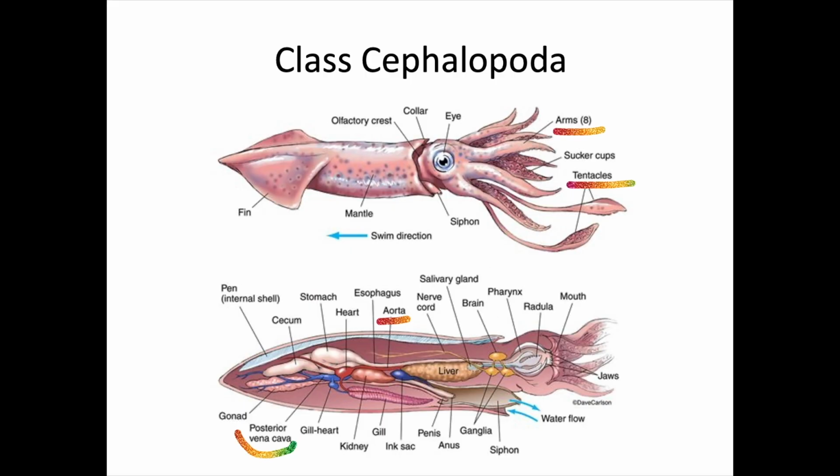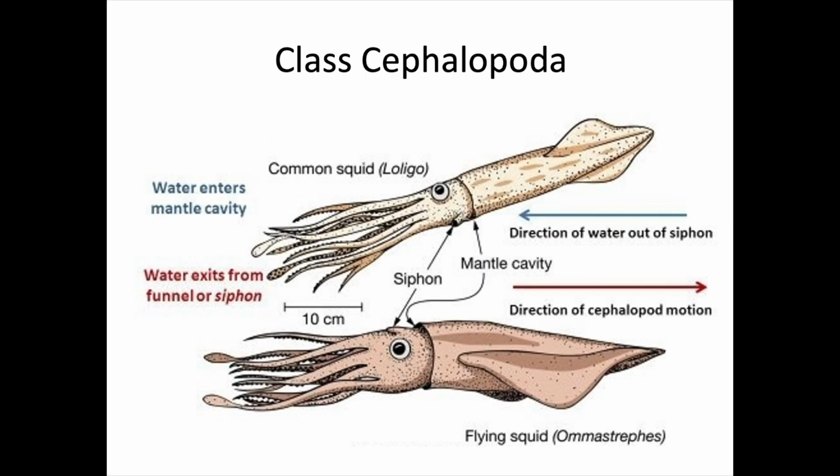So what they do is they take water into their mantle cavity and then expel that water out of the mantle cavity. And it's a physics thing. If you are spraying water out in this direction, to the left as it's labeled in this figure, that's going to propel the animal to the right in this particular figure.